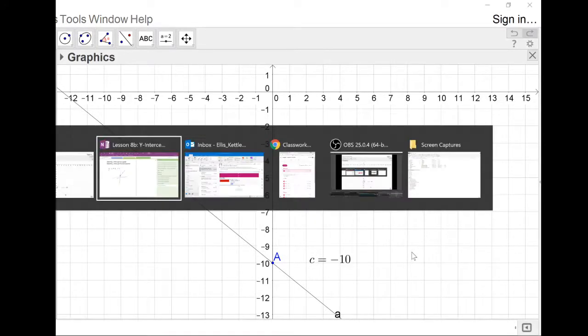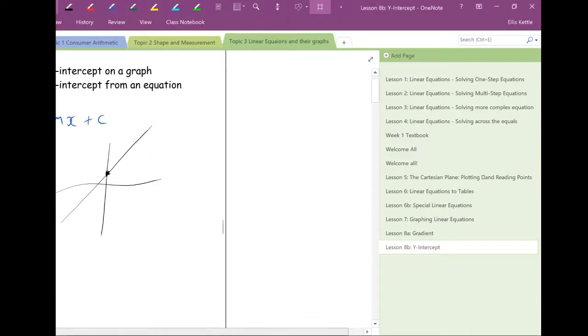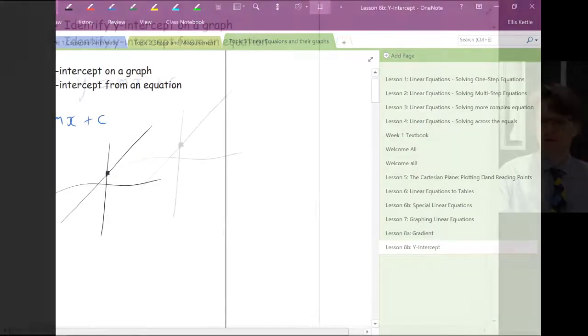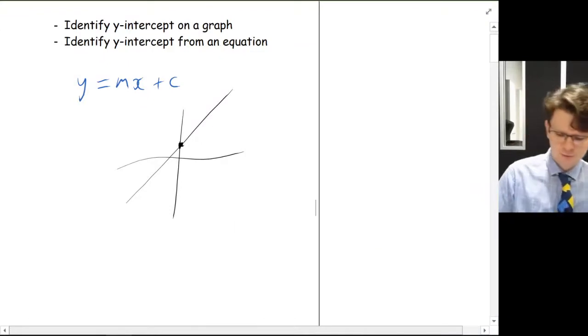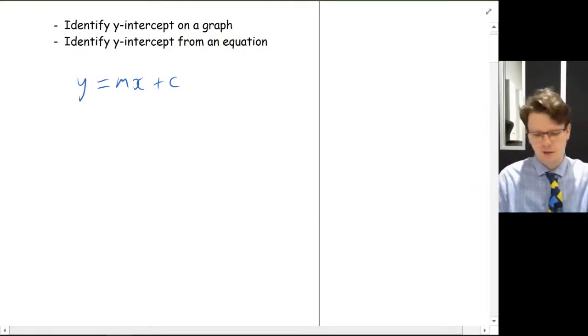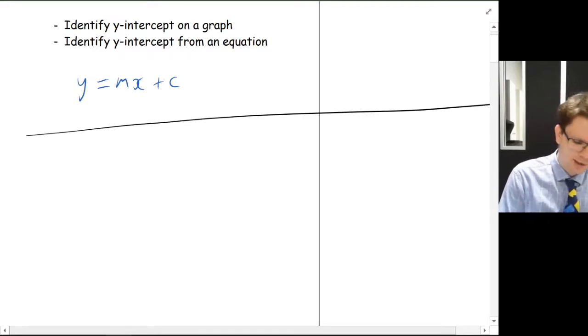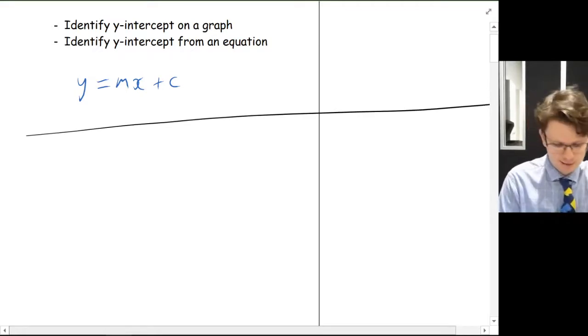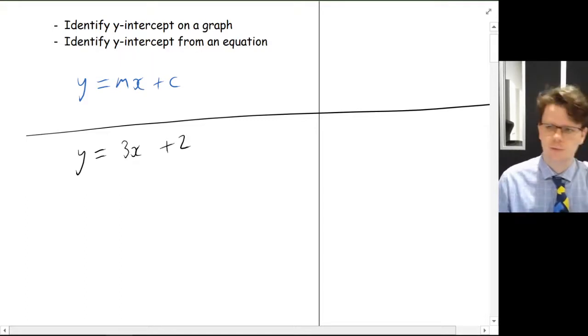Alrighty, well, let's go back to my piece of document. And let's have the question now. Okay, so if I can find the y-intercept just by looking at it, where do I find it in an equation? So let's actually do that. Well, the equation usually looks like this. So let's do one. y equals 3x plus 2.